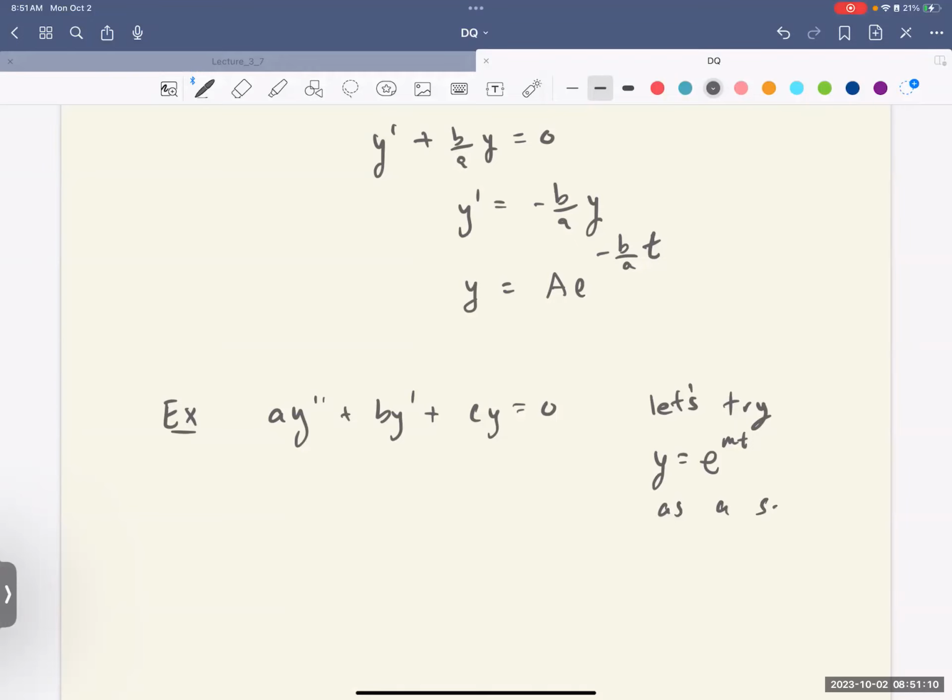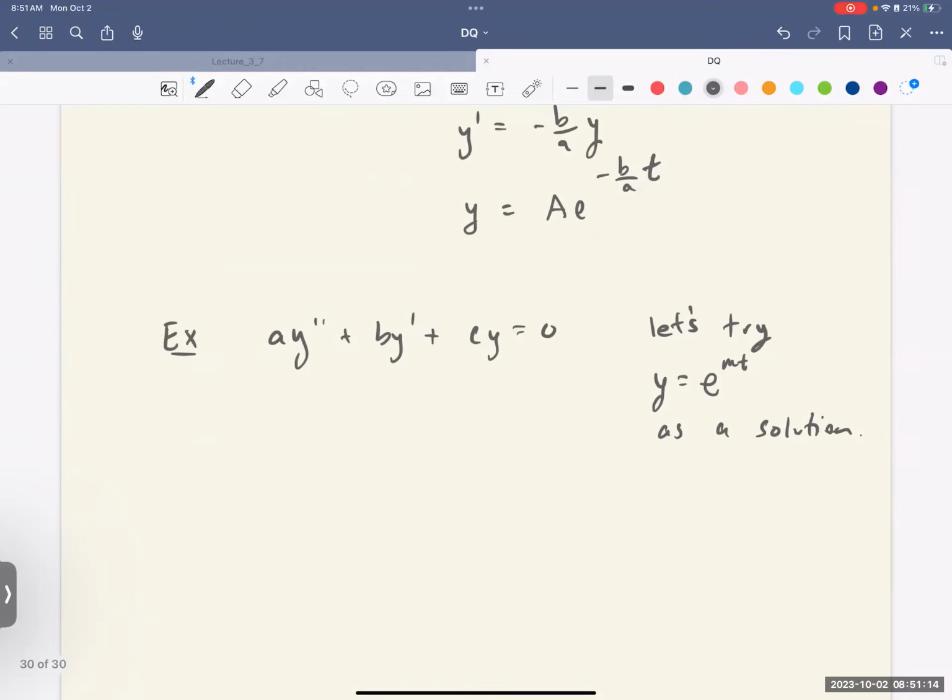as a solution. If we do that, let's do the derivatives real quick, because if we're going to plug these in and see if this works as a solution, maybe it will work. And you're going to see that it will, but it helps us figure out what the solution will actually be.